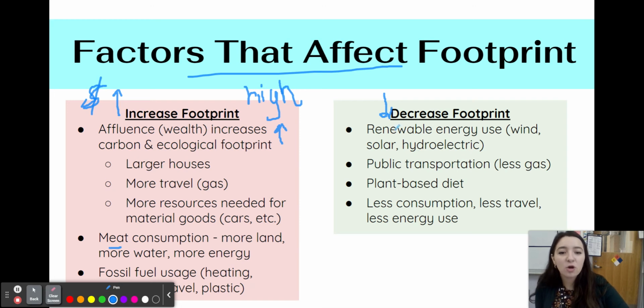Decreasing a footprint: renewable energy, public transport, a plant based diet, and less consumption. Now, this class is not pro vegan or pro vegetarian. Those are your own lifestyle choices, and I would never tell you to change your lifestyle in any way that you don't want to.